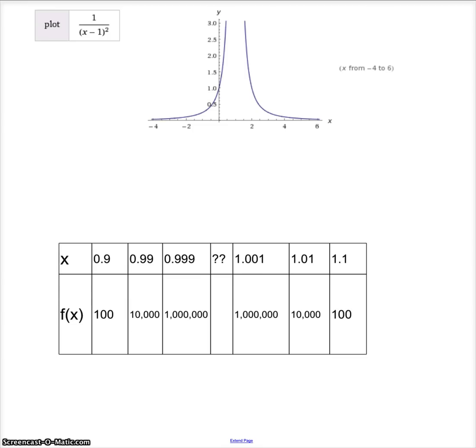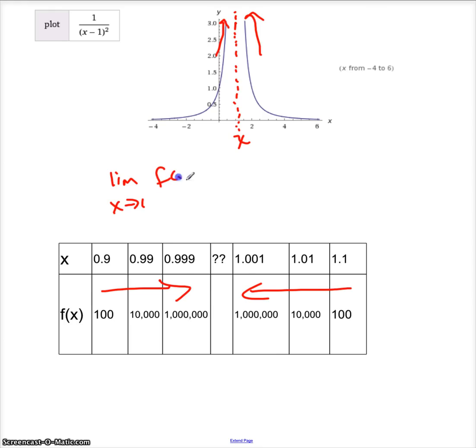Now, this is a case where I know it's going to cause confusion because it confused me when I was doing this. Let's look at what happens when x is 1. From the left, it shoots off to positive infinity. From the right, it shoots off to positive infinity. So we're tempted to say the limit as x approaches 1 of f of x is equal to positive infinity.